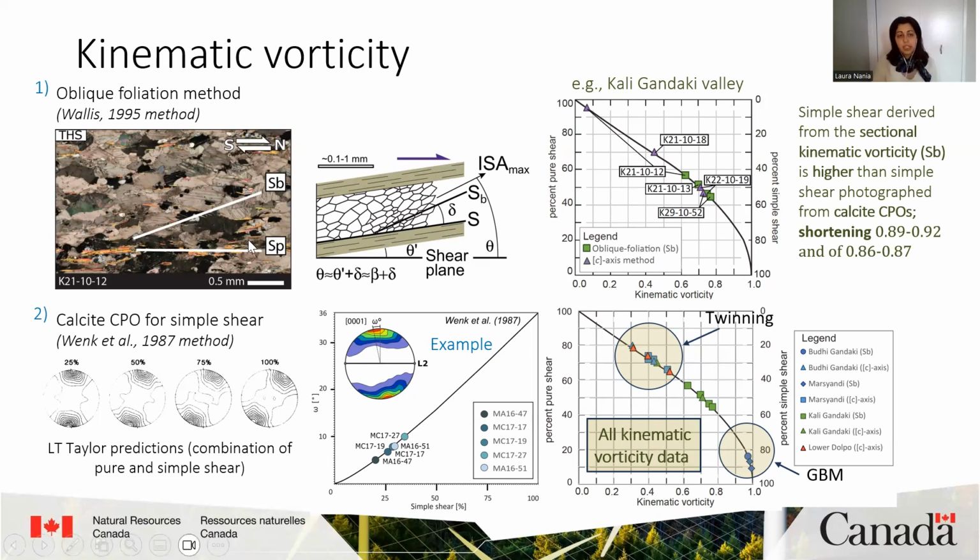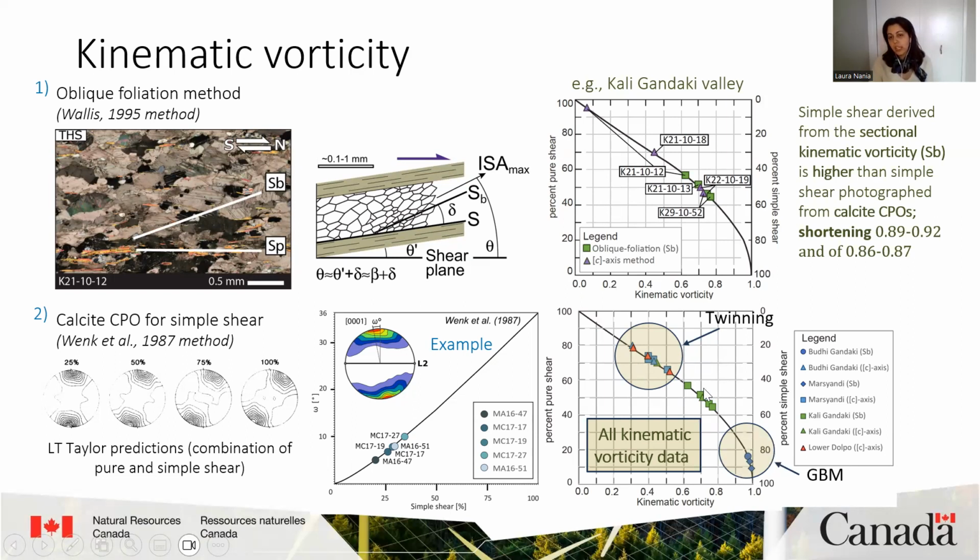So to do that, I used the oblique foliation for carbonate, where it was best preserved, and how much the crystal lattice was reoriented by E-twins, for checking the mean kinematic vorticity recorded by twinning. In the graph on the lower right, they are shown for the different areas.